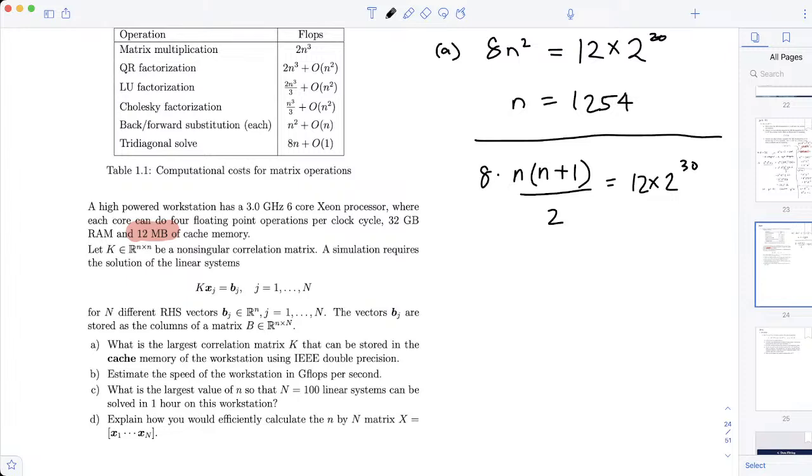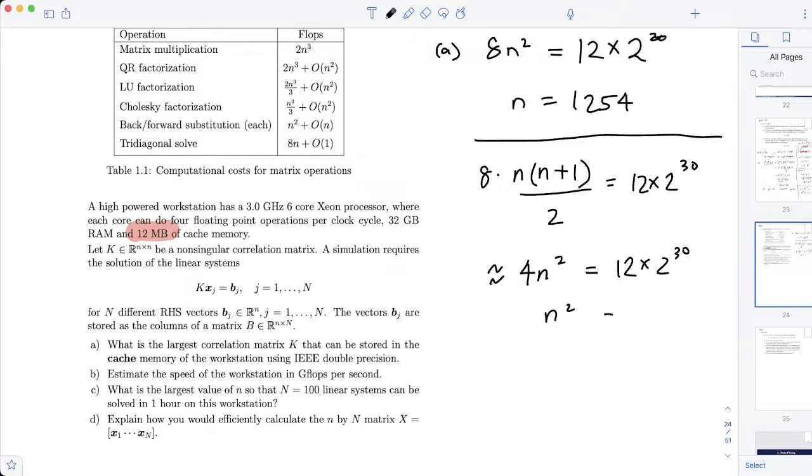So instead of solving the whole thing, you can say that's roughly 4n squared, because that's the dominating term. So you can just roughly solve this equation instead. That will get you some number.